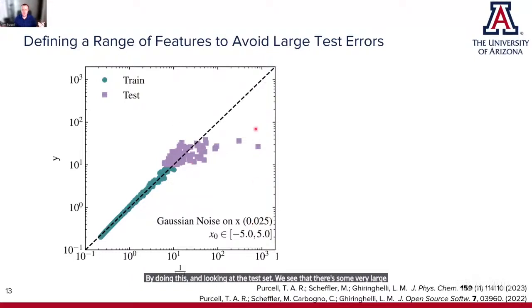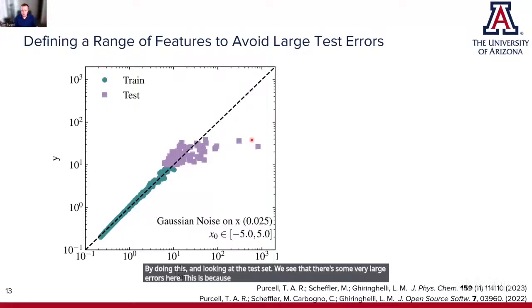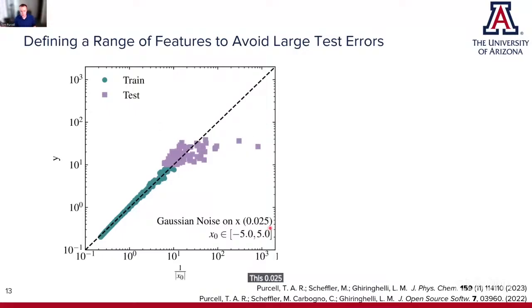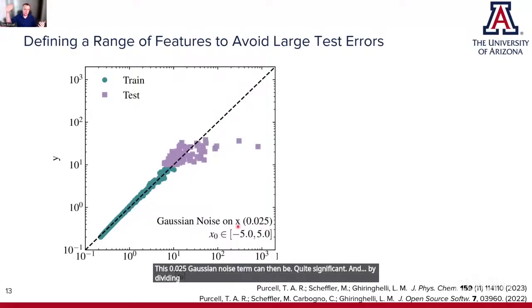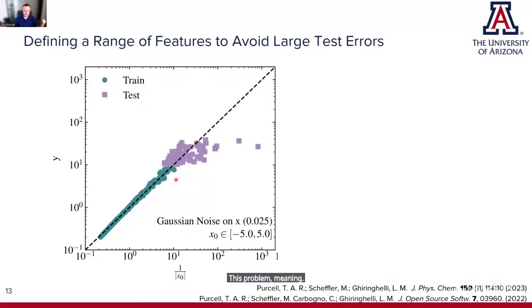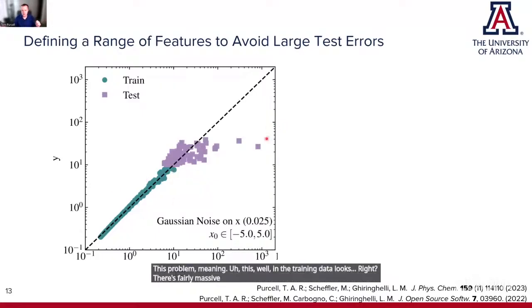By doing this and looking at the test set, we see that there are some very large errors here. This is because we can get very small values of x. This 0.025 Gaussian noise term can then be quite significant. And by doing 1 over that value, we're then further amplifying this problem, meaning that while the training data looks great, there are fairly massive problems on the test data.